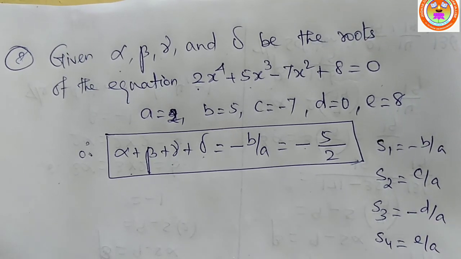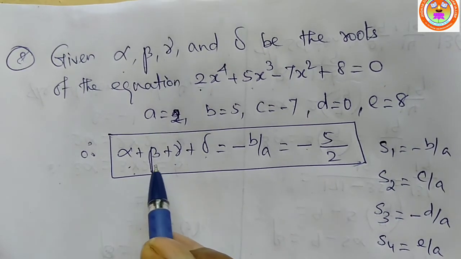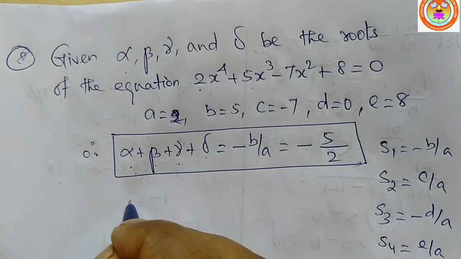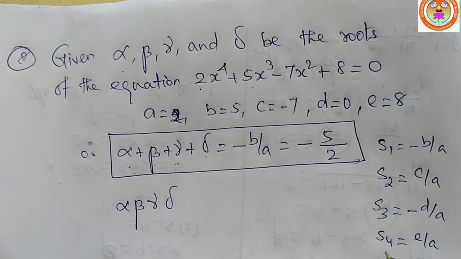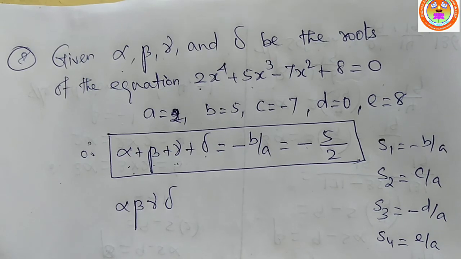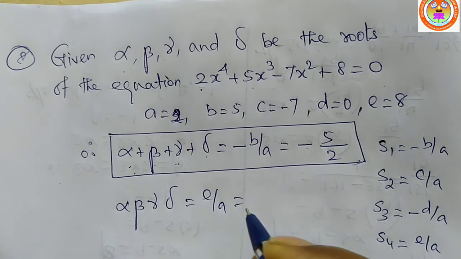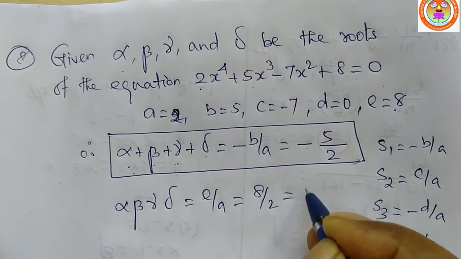In our question we require only alpha plus beta plus gamma plus delta and the product of the roots, alpha beta gamma delta, that is S4. S4 is e by a, right? What is the value of e? e is 8. So 8 by 2 is equal to 4.